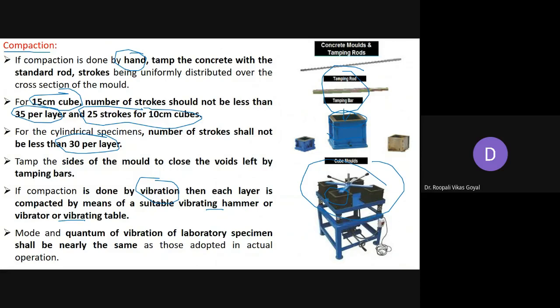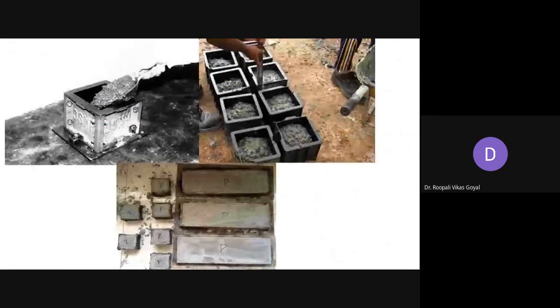So the mode and quantum of vibration in the laboratory should be nearly the same as whatever we are going to adopt in the actual operation, just to have a representative sample or representative specimen for testing. So here in this figure you can see how we are filling this concrete, how this tamping can be applied if it is hand compaction, and this is the finished mold, that is, you can say, specimen.